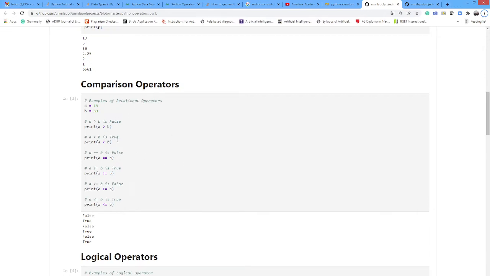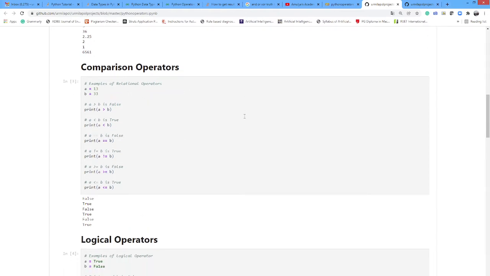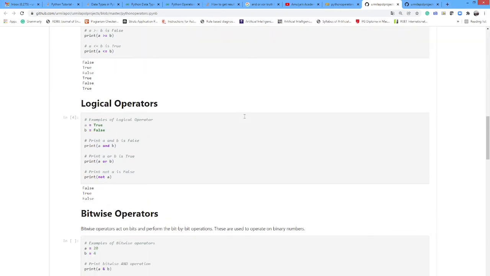Second, a less than b, it is true, therefore it gives true. a is equal to b, it is false, therefore it gives false. a is not equal to b is true, it gives true. a greater than or equal to b is false, it gives false, and a less than or equal to b, it is true. These are called comparison operators: less than, greater than, less than or equal to, greater than or equal to, and equal to.